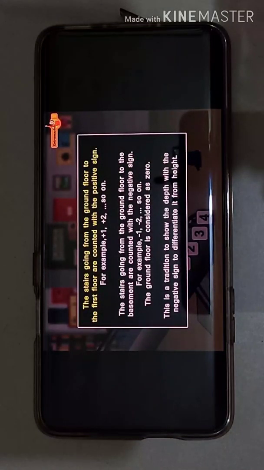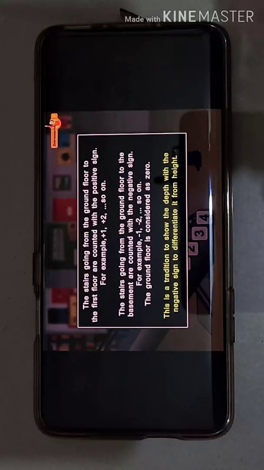Suppose the stairs going from the ground floor to the first floor are counted with the positive sign. For example, +1, +2, etc. And the stairs going from the ground floor to the basement are counted with the negative sign. For example, -1, -2, -3, and so on. The ground floor is considered as 0.